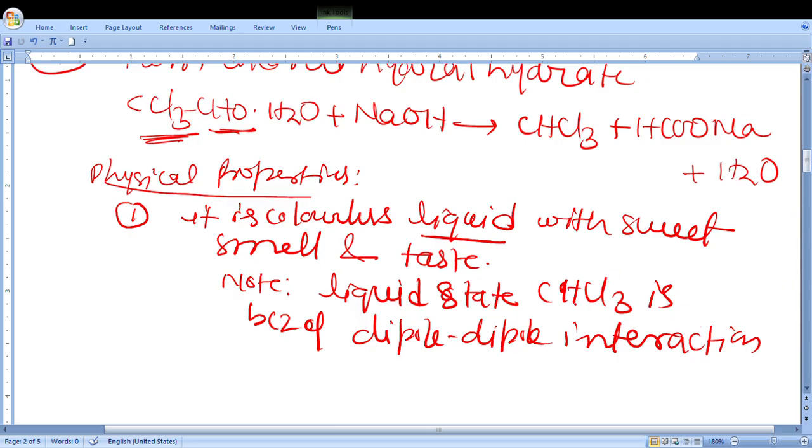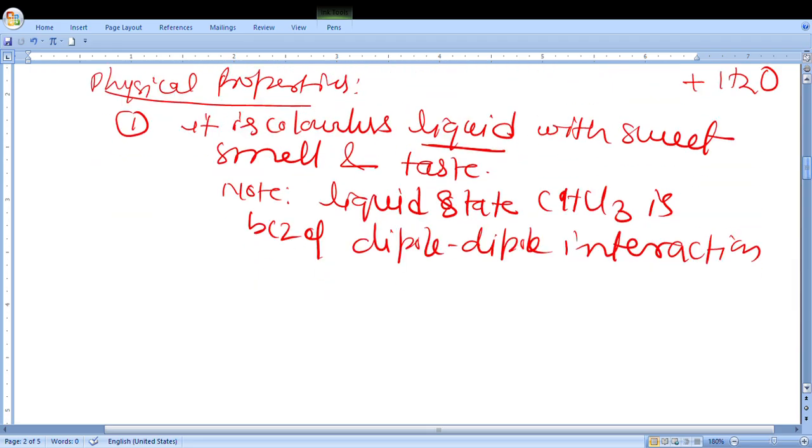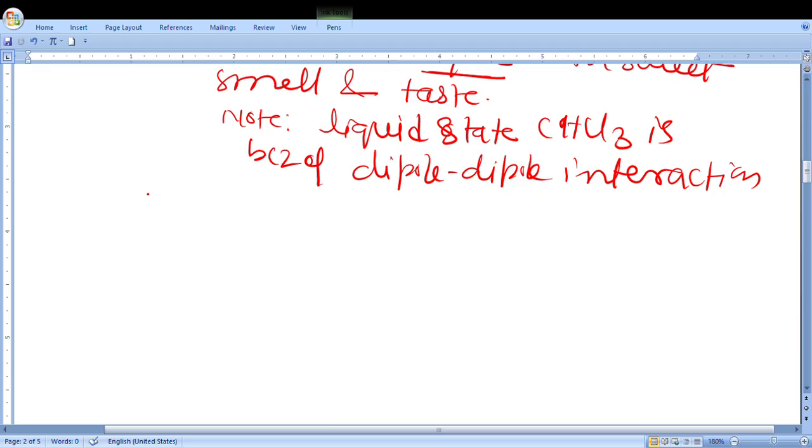So there is no such condition. So that's why it is just a liquid because of dipole-dipole interaction, right? Second, because it is an organic compound, it is insoluble in water.